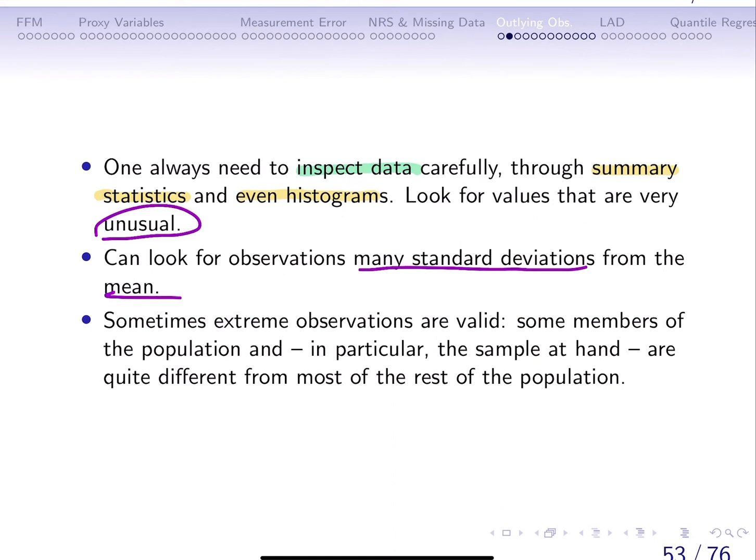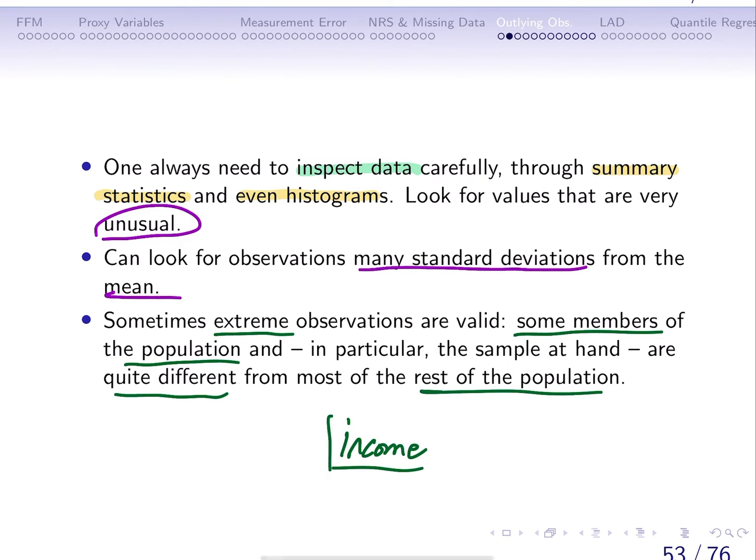Now, extreme values may not always be unusual. Sometimes some members of the population can have quite different values from the rest of the population. If you think about income data, you're going to have a pretty normal distribution, but then you're going to have people with really low income and really high income.